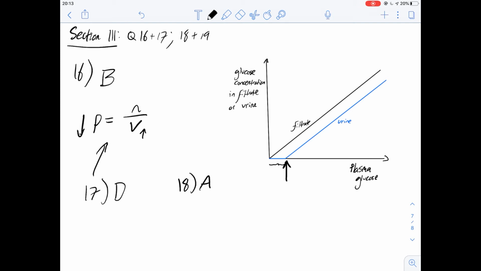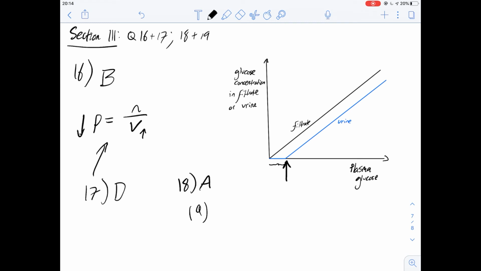And it's going to be the filtrate concentration, because as the filtrate moves down the nephron, it will become urine at the very end. So by the end of the time it's gone through this big long tube, it's going to be reabsorbed, and that will happen below a filtrate concentration of about 2.2. So that means the answer for 19 is A.